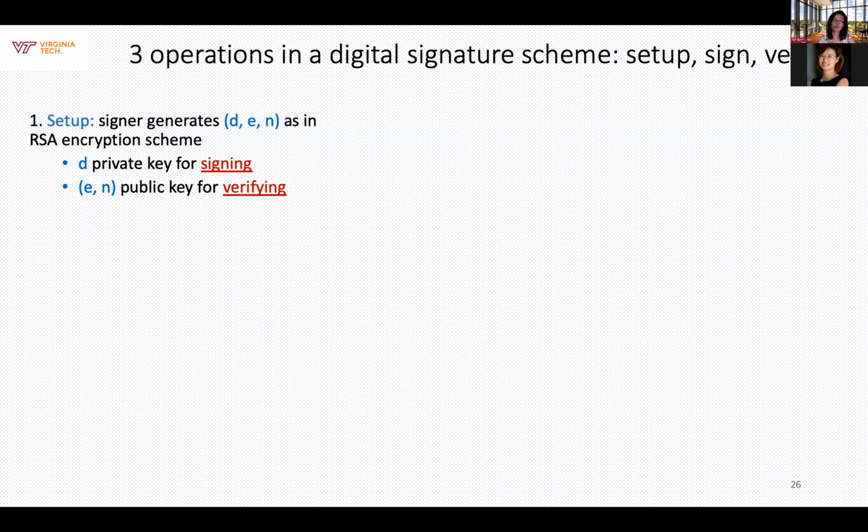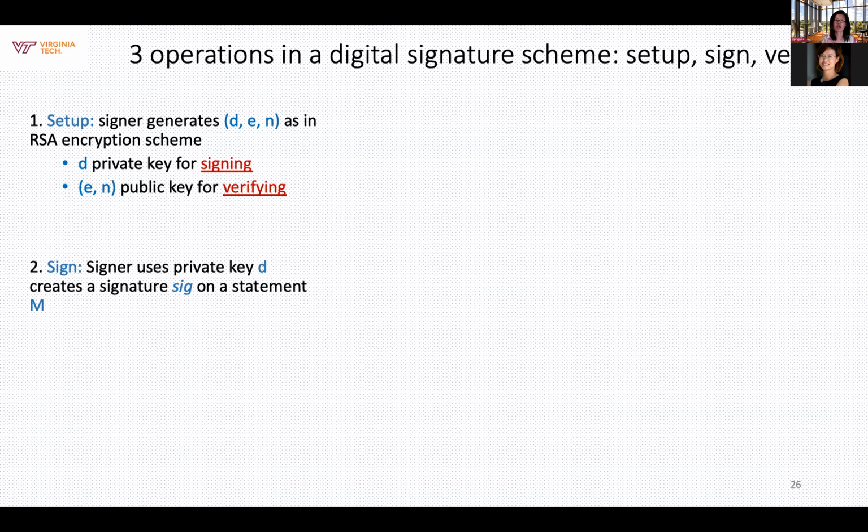Without telling you how this is implemented, I can just describe on a very high level that in the RSA digital signature scheme, the key generation is the same. You will have two keys, one private, one public. The private key is for signing, and you don't reveal it. The public key you distribute as broadly as possible, so people can use it to verify the signatures signed by you.